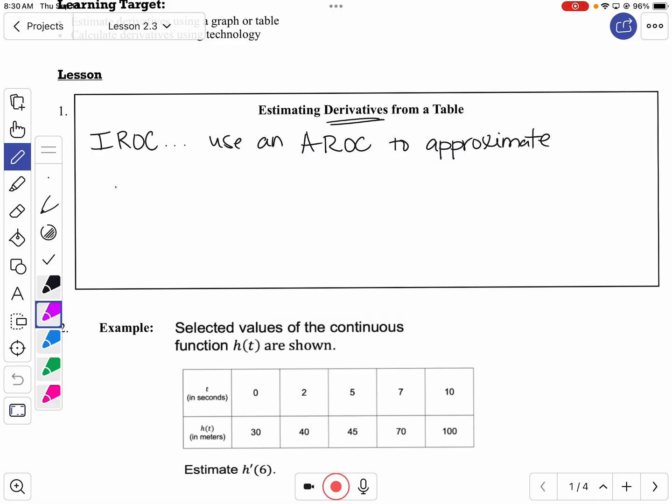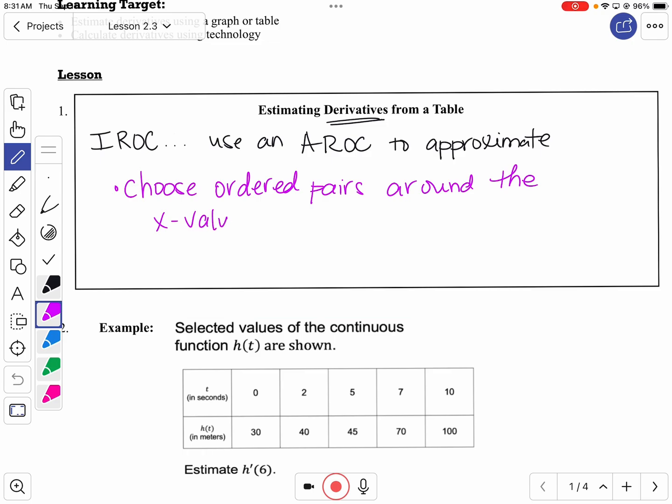And when it says that, we're going to choose ordered pairs from the table around the x value for the derivative. So basically, we're just doing slope.